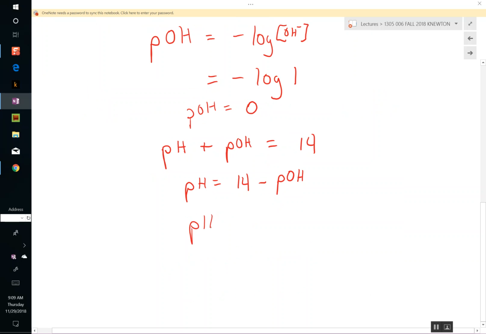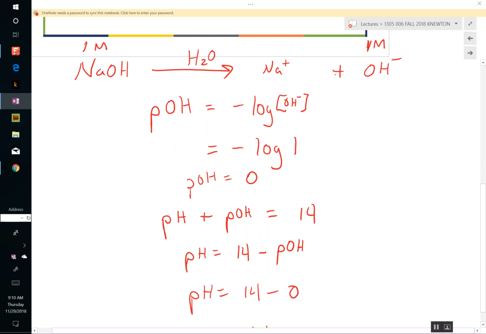So the pH of this solution is going to be 14 minus 0 is 14. Okay, so there is this simple little relationship between pH and pOH, which on some occasions comes in handy.